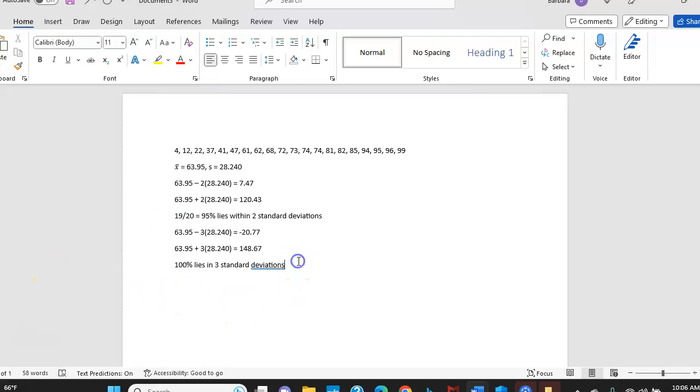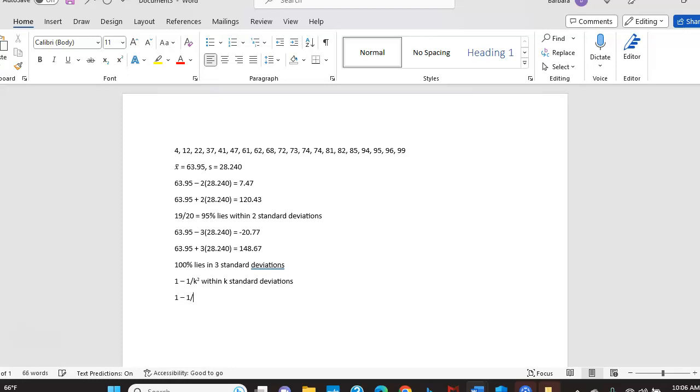It says that 1 minus 1 over k squared of the data lies within k standard deviations. Okay. So in other words, let's say we let k be 4 standard deviations.